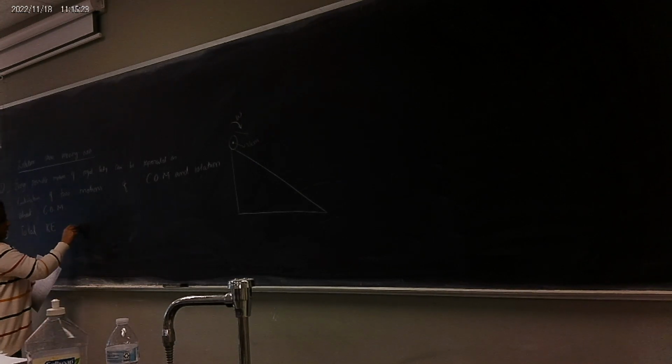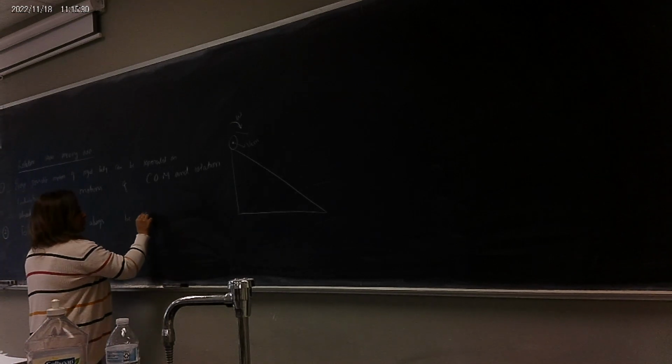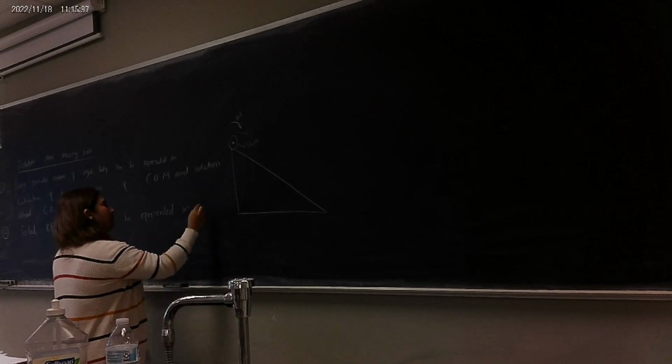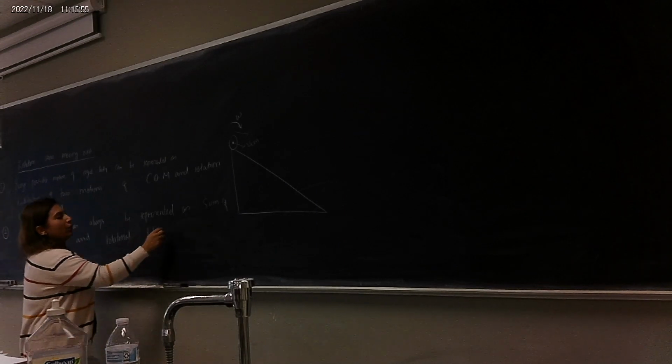Total kinetic energy can always be represented as the sum of kinetic energy of center of mass and rotational kinetic energy about the center of mass.